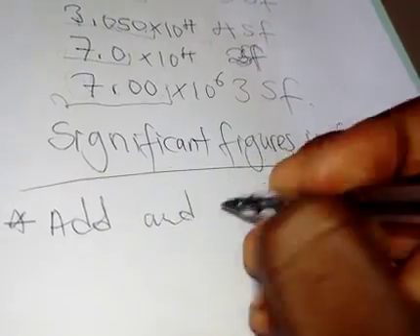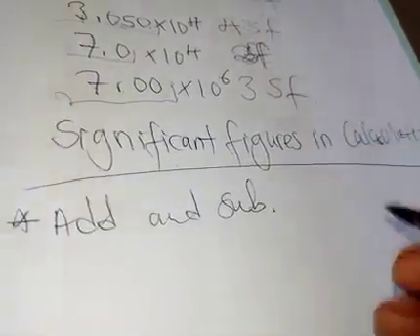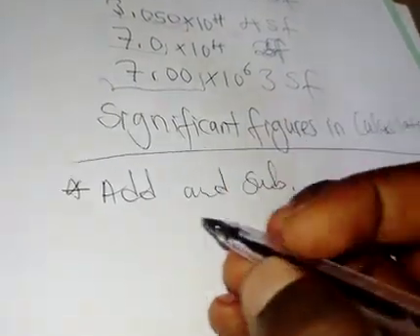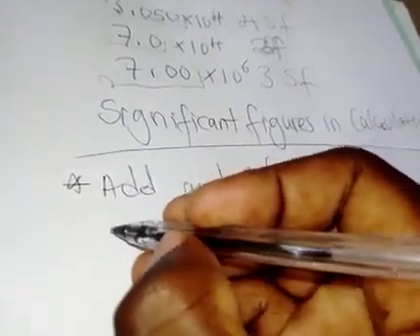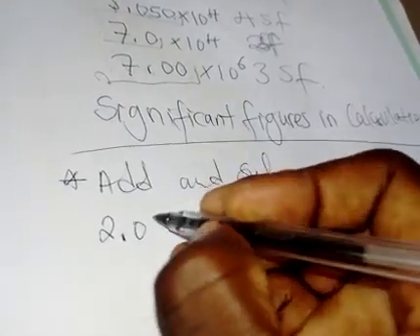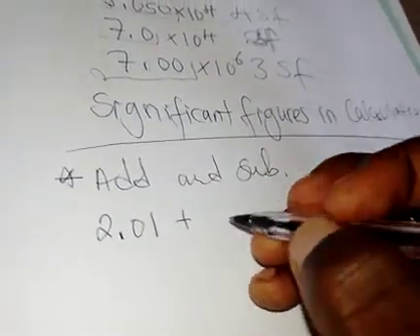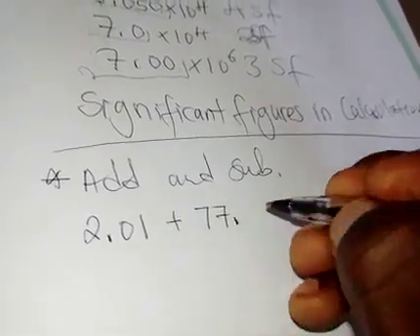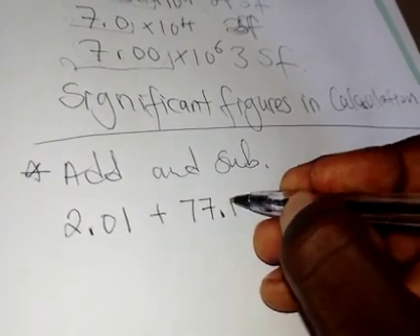Addition and subtraction. So when you are adding or subtracting numbers which have to do with significant figures, for example, you are adding 2.01 plus 77.1.